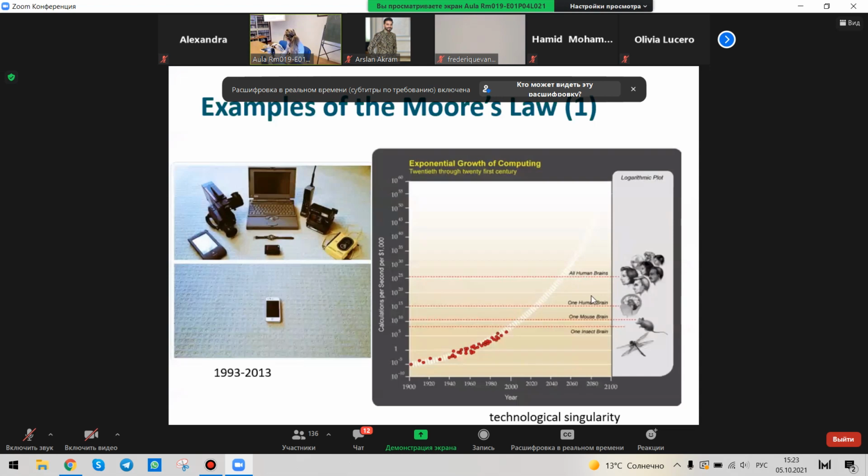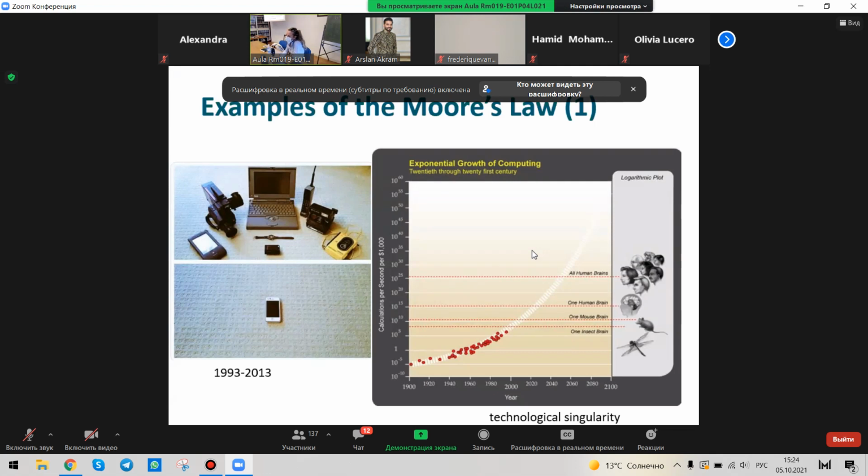And then we have all the human brains. So we will have the computational properties and also the learning properties that belong, for example, to machine learning, so the ability of technology to learn from itself, like humans do, will be so high. Here it is estimated at approximately 10 to the power of 25, that technology will be able to process like all the human brains in the world, okay?